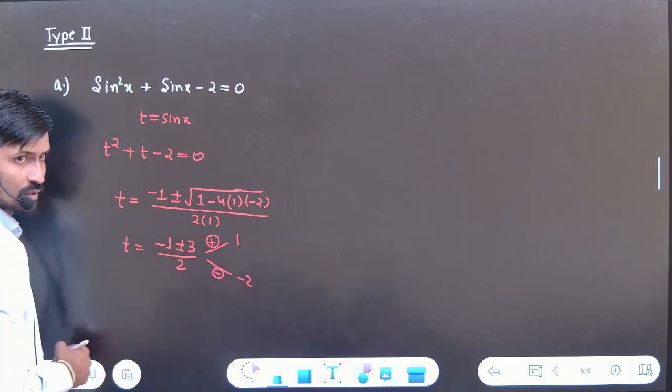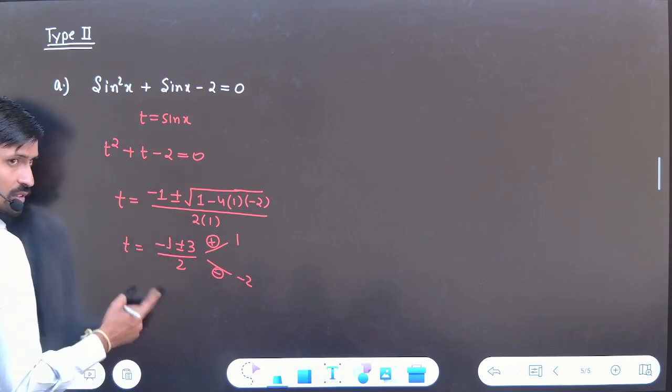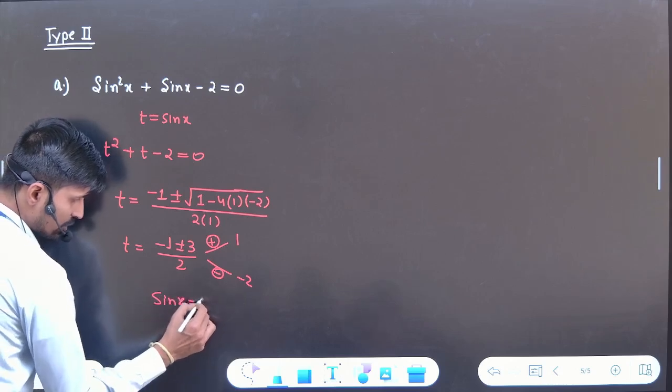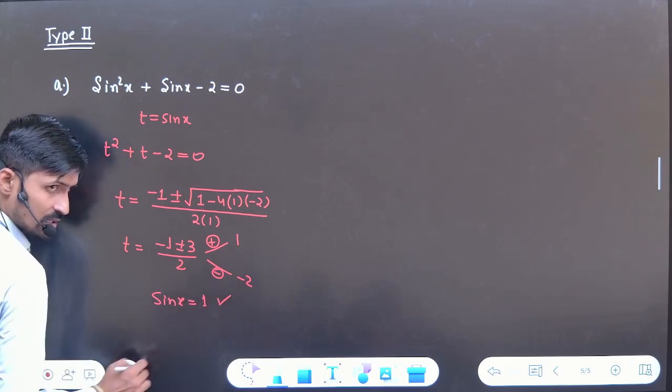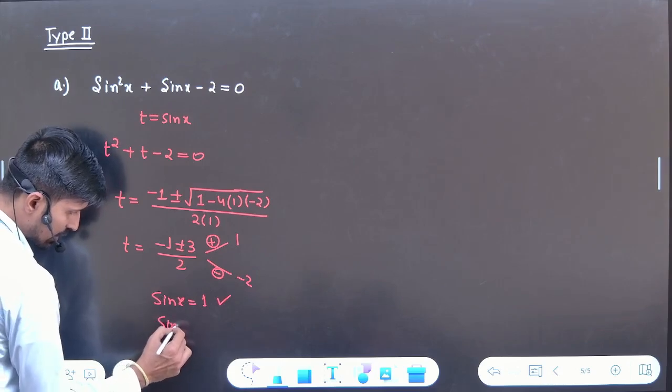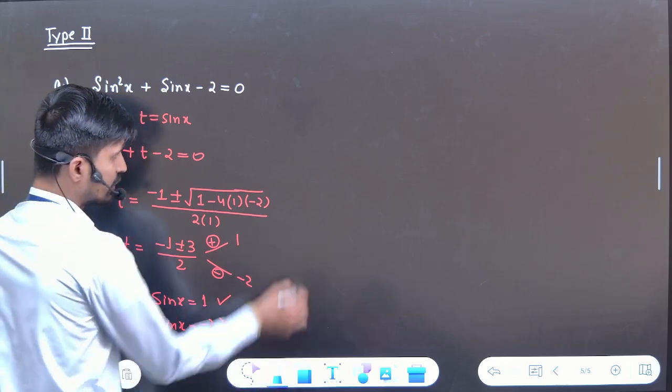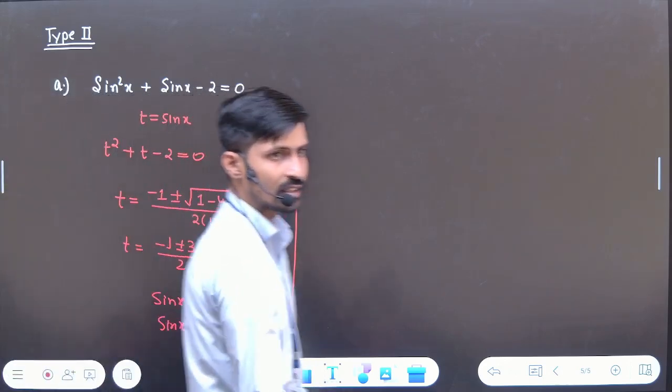So how many values of t did we get? 2. 1 and minus 2. And what is t? Sin x. So sin x equals 1 will pass, and sin x equals minus 2 will fail. But we have to find the general solution first.